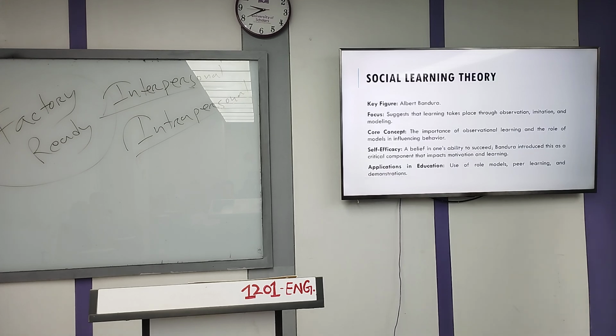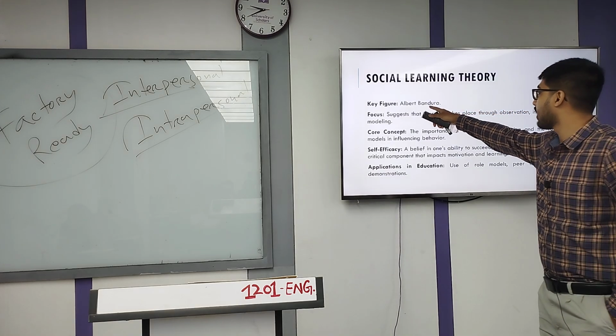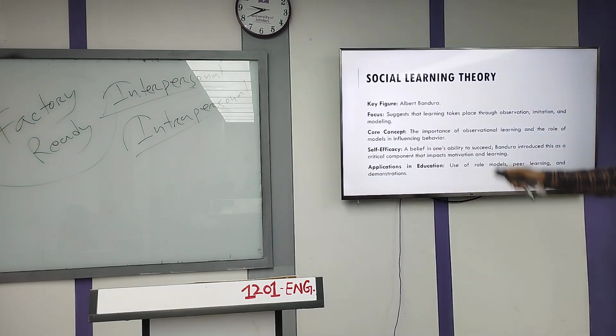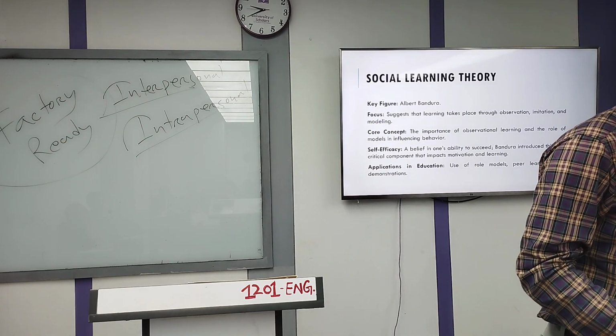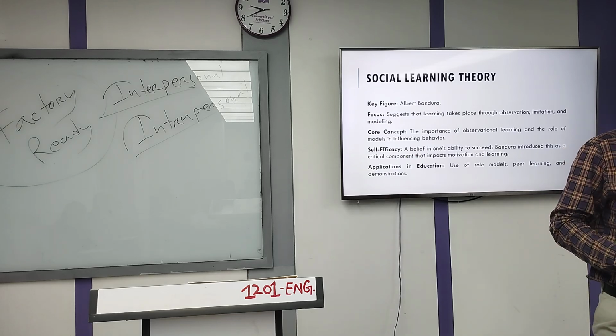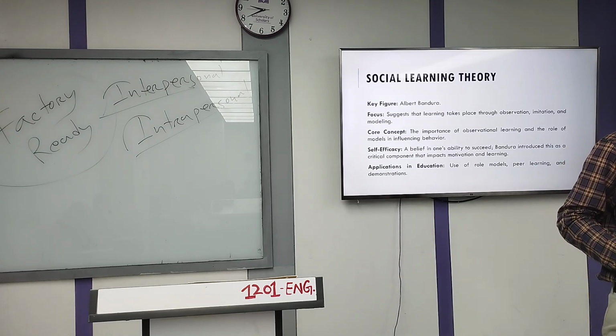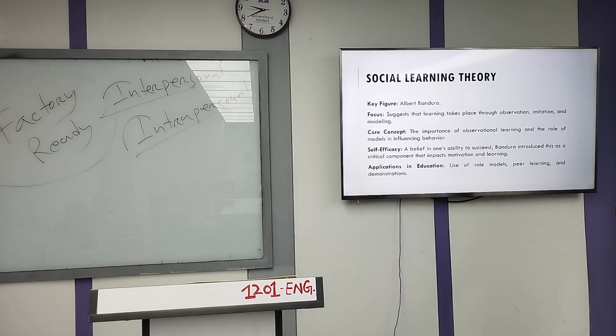Okay, the social learning theory, which was put forward by Albert Bandura, suggests that learning takes place through observation, imitation, and modeling. So learning takes place through observation. First, we observe. Not only as a child, we observe as an adult also.